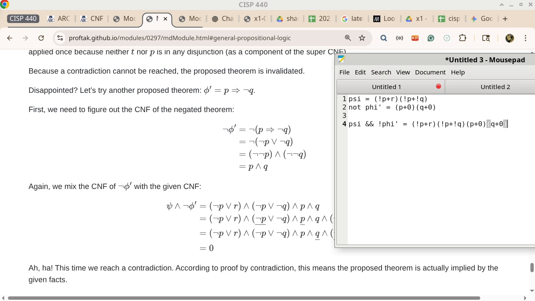The other CNF is also the same way. So when you have a conjunction of two CNFs, the implicit and operator right here at the blinky cursor is what is connecting the two. Because each component is already a proper disjunctive term, the concatenation of two CNFs remains a CNF.